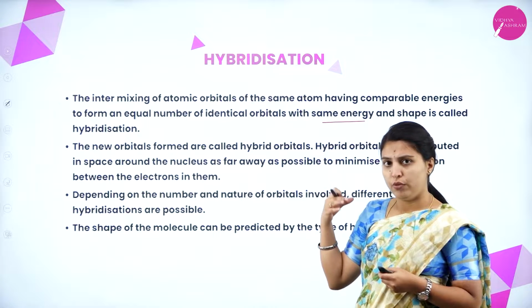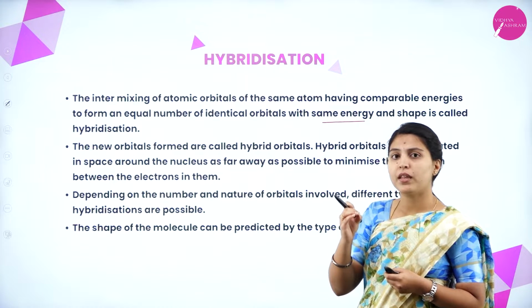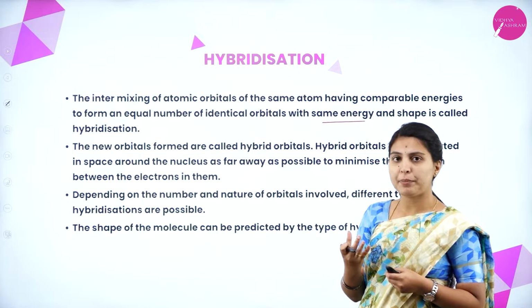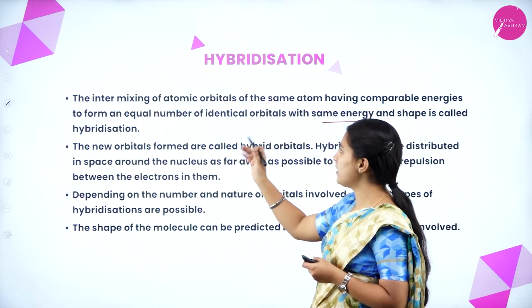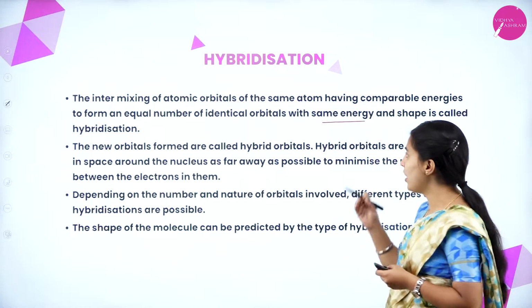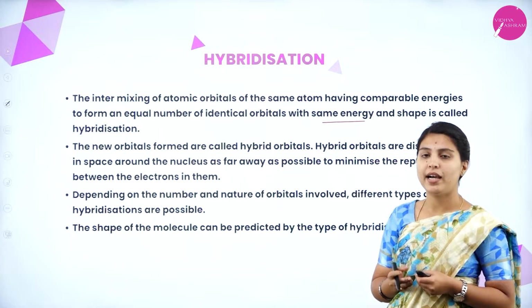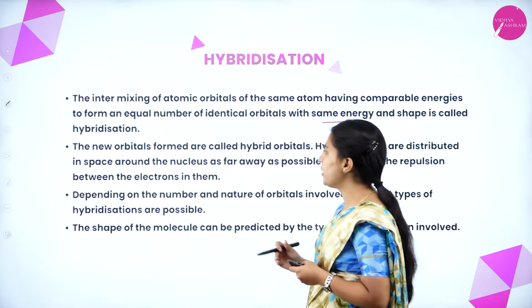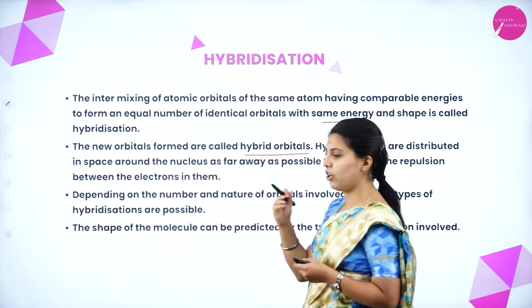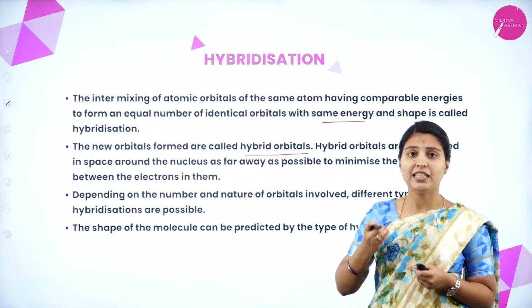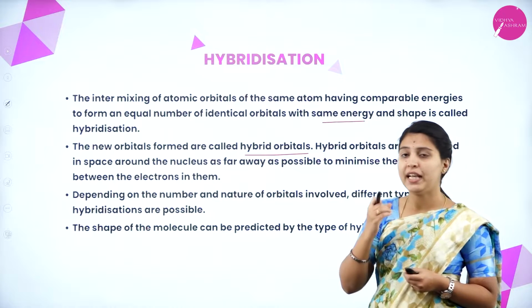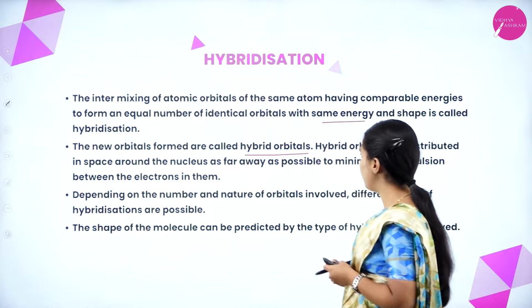And why does it form? The purpose is to bring those orbitals into identical orbitals with equal energy and shape. That is called hybridization. The new orbitals formed are called hybrid orbitals. After intermixing of orbitals, the new orbitals that form are called hybrid orbitals.